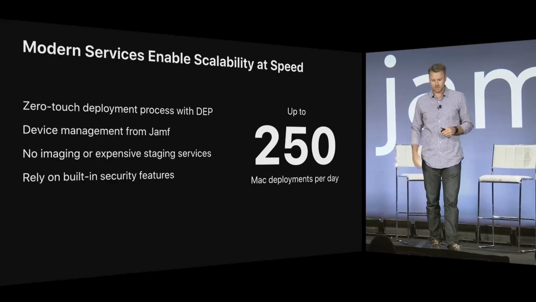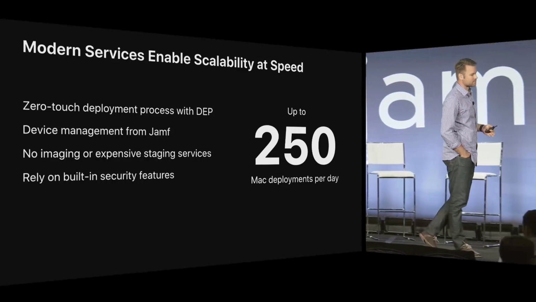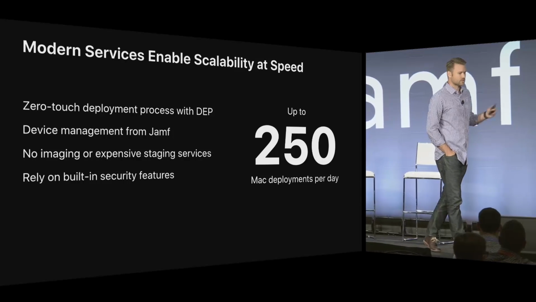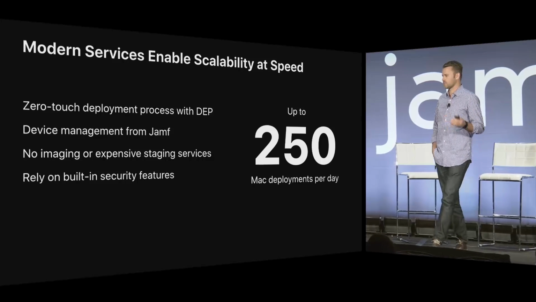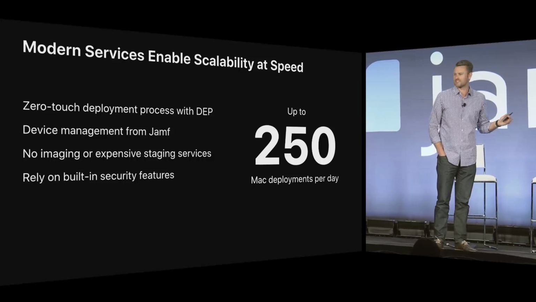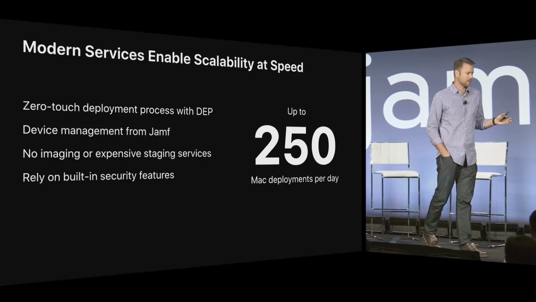And then the other thing that IBM has done really well in this modern provisioning concept is they built services that scale really well. So zero-touch deployment process, ship the device to the user, rely on somebody like Jamf to do device management or to create an experience, as Dean mentioned today. Do away with imaging.